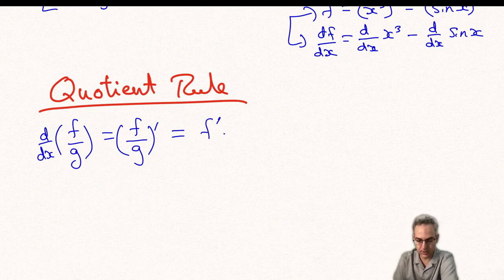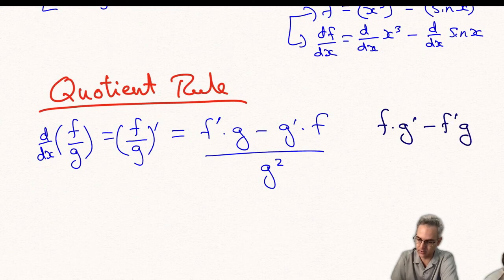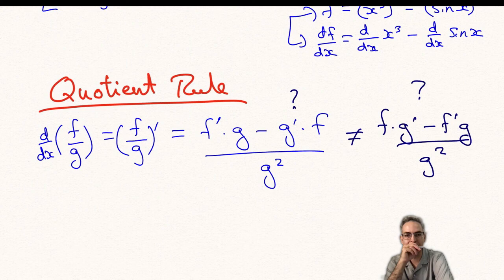So you're saying f prime times g minus g prime times f over g squared. And my question is, is it this, or is it f g prime minus f prime g over g squared? And these two are not the same. So is it this one, or is it this one? I think the first one.